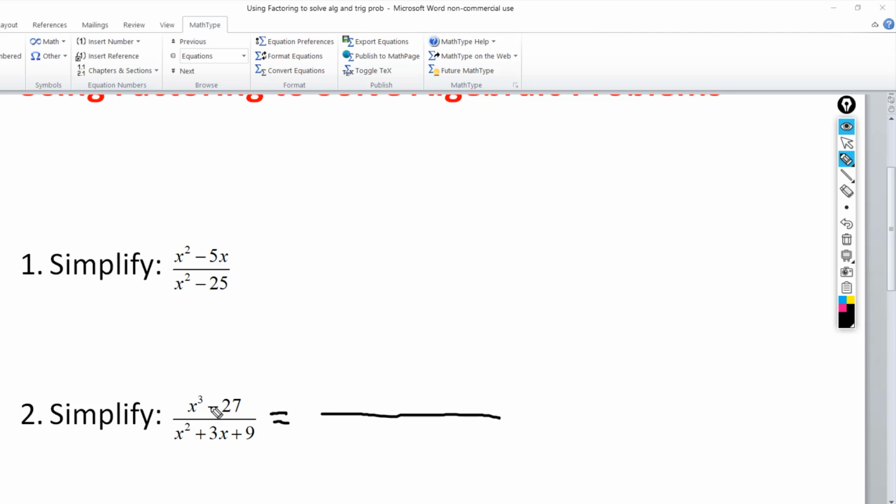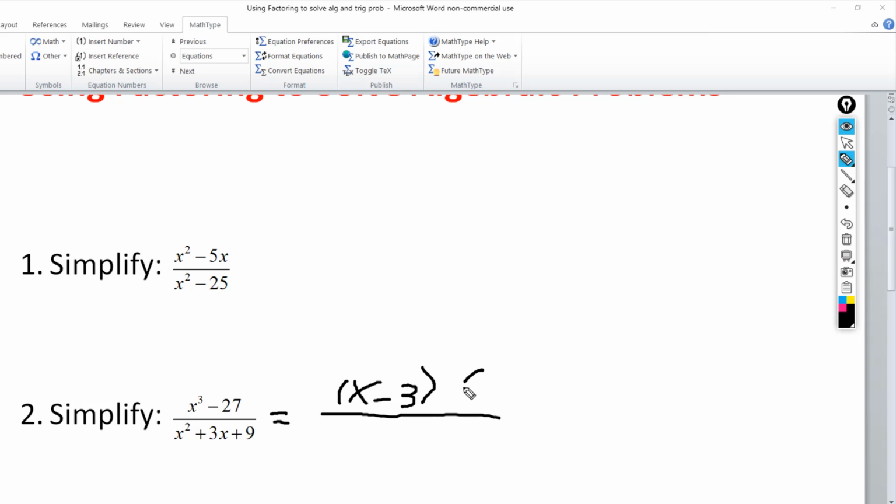So from the last video on factoring, we noted that if you have a binomial that's a difference of cubes, the first factor will be the difference of the cube roots. So the cube root of x to the third is x. The cube root of 27 is 3. So that's the first factor.